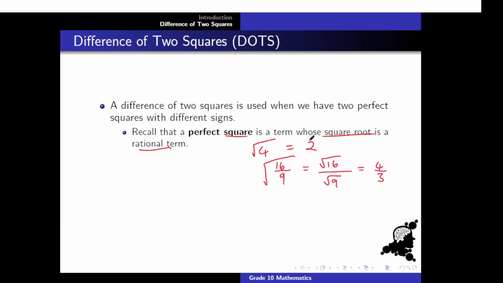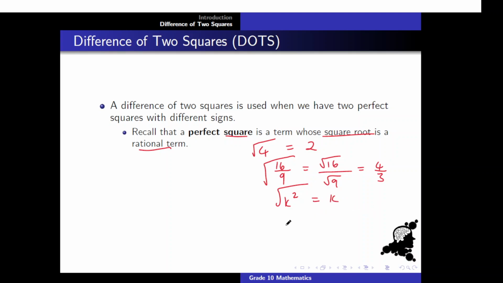For as long as when we press the square root of that specific fraction or term, we get a rational number. Now take note of something. We're looking at numbers here. But terms or variables can also be perfect squares. For example, k squared is a perfect square because the square root of k squared will just give me k.